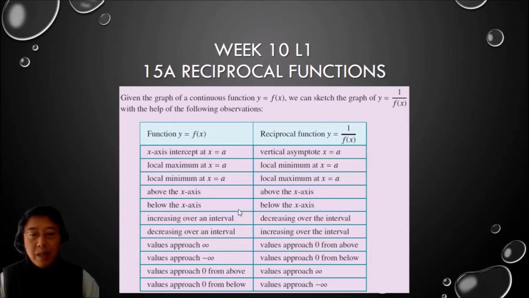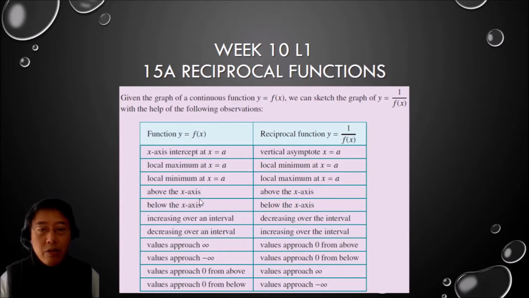Things that will remain the same are the sign of the function. So if the function is above the x-axis, meaning that it is positive, if you do the reciprocal, it's still going to be a positive function. The value will change, but the sign will remain the same. So positive remains positive, and negative remains negative.